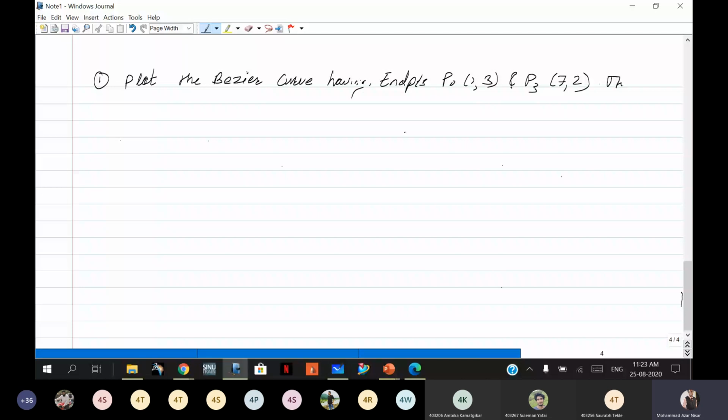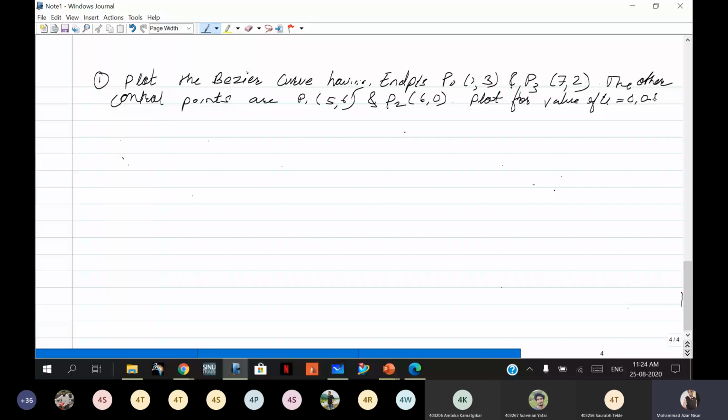The other control points are P1, 5 and 6, and P2, 6 and 0, given in the problem, and you have to plot these values for the values of u equal to 0, then 0.1, 0.2, up to 1. Up to 1, you have to vary this.